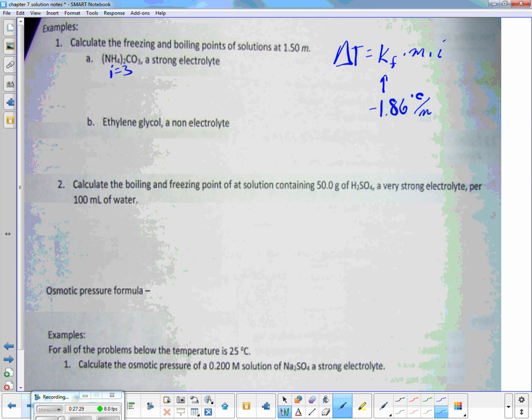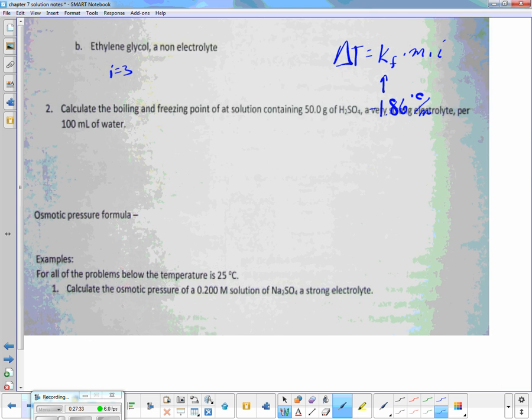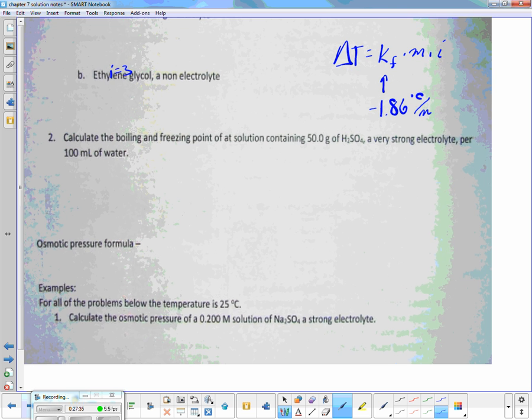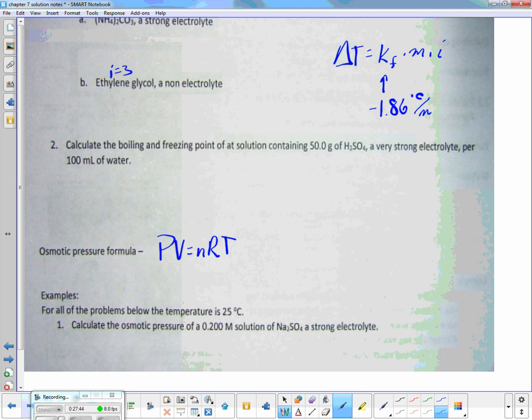Okay, so going down to osmotic pressure. Osmotic pressure goes back to PV equals nRT, but they rearrange it so that P is equal to n divided by V, times RT. Well, n over V is molarity.